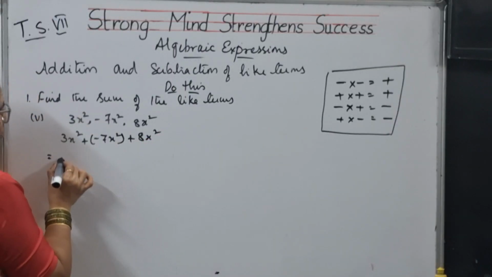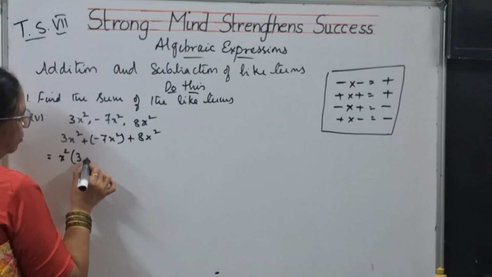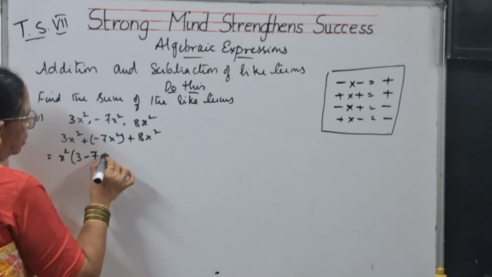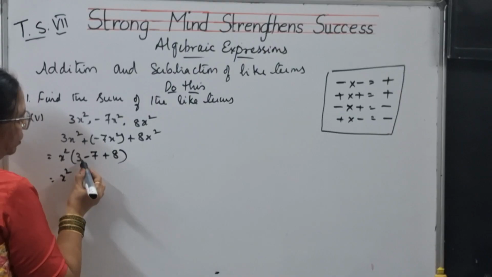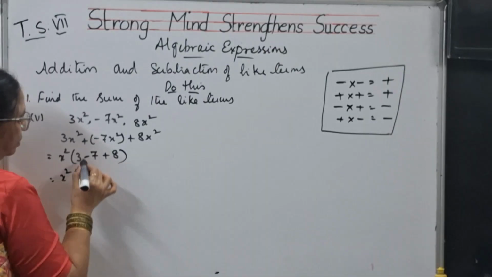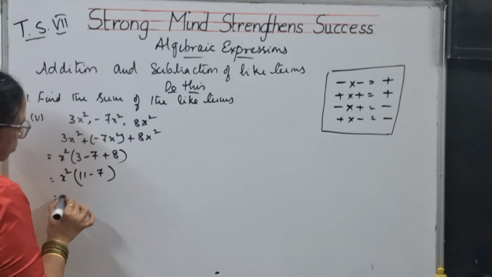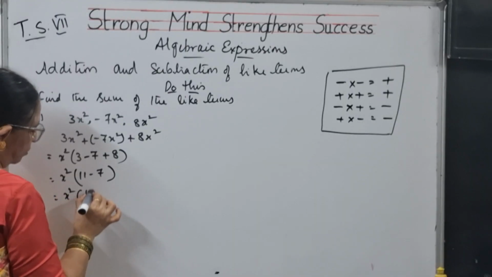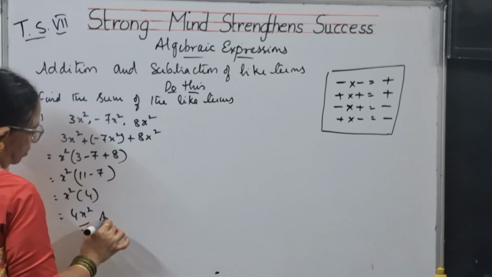So this is equal to x square is common, 3 plus into minus, minus 7 plus 8. That is equal to x square. First you add the same signs, 8 plus 3, 11 minus 7. That means x square into 4. 4x square is the answer.